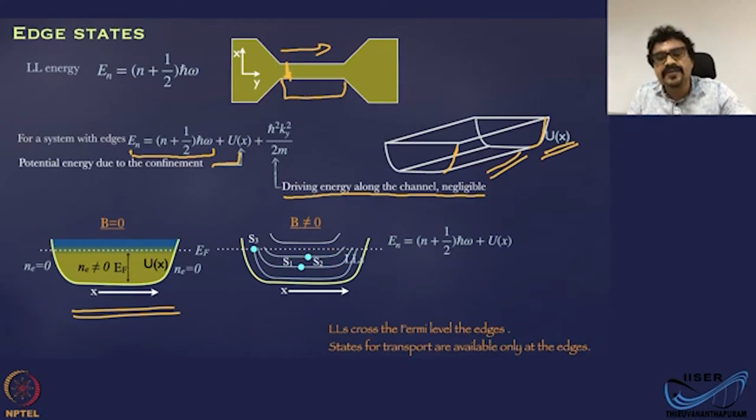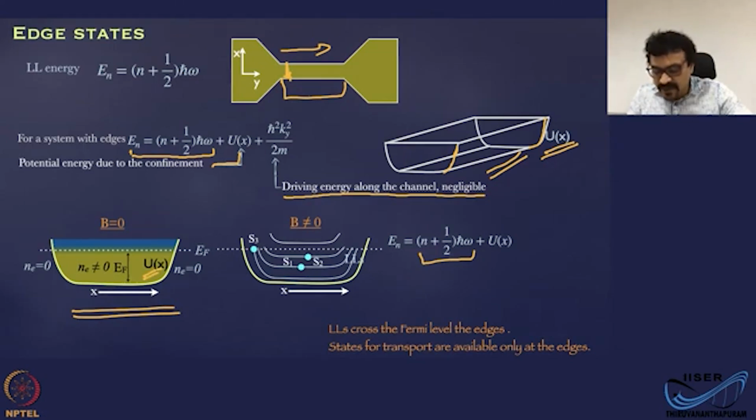Now, the energy is given by the condensation energy because of the field plus the potential, plus this term is also there, but for the time being, I'm going to neglect that because it is very small. So at the bottom of the well, or in the bulk, you have only the condensation term, n plus 1 by 2 h bar omega, because this u of x term is not appreciable there.